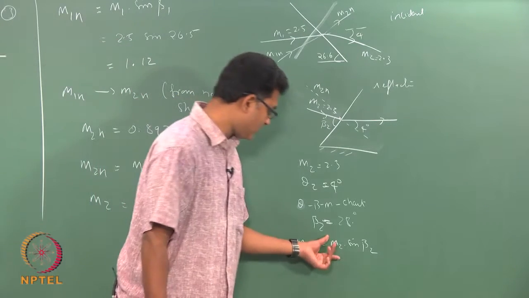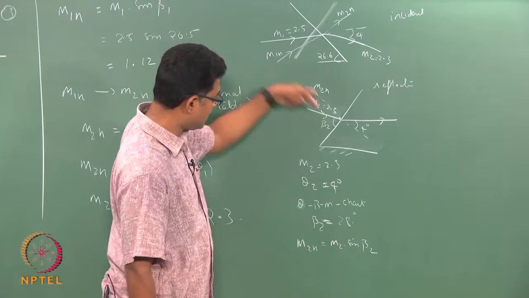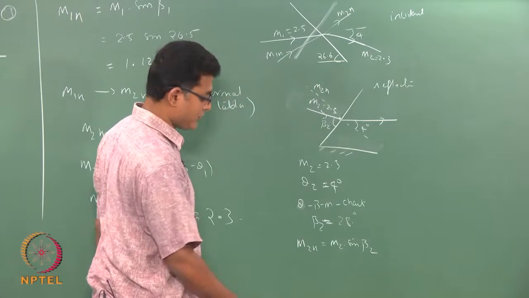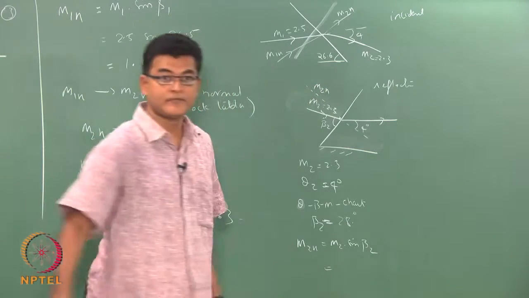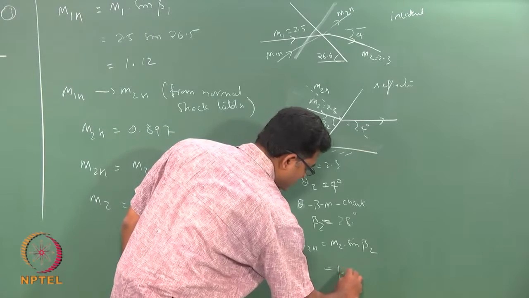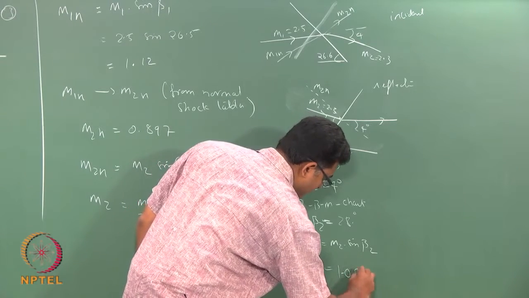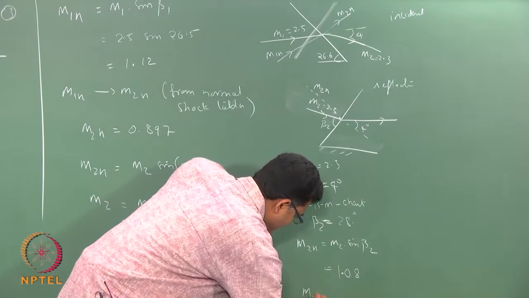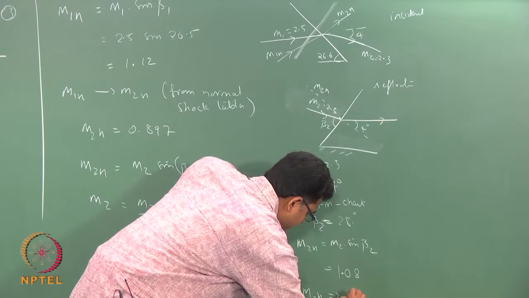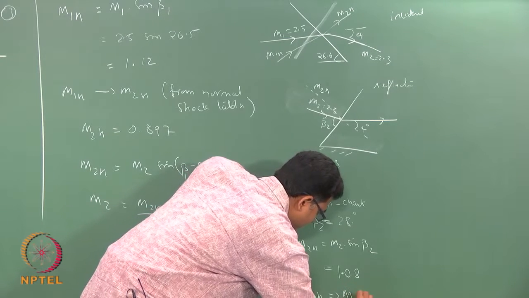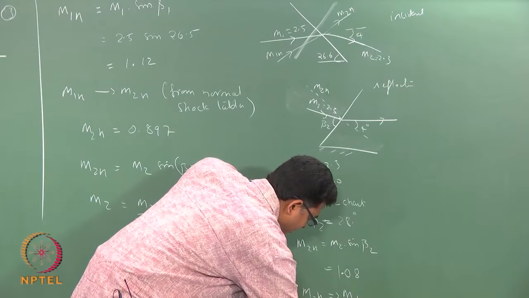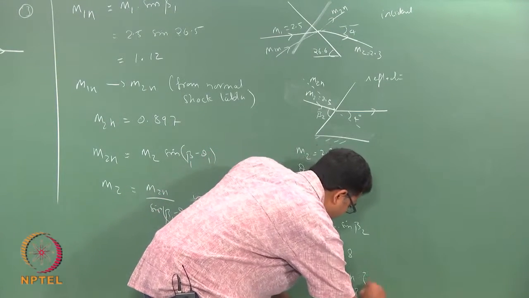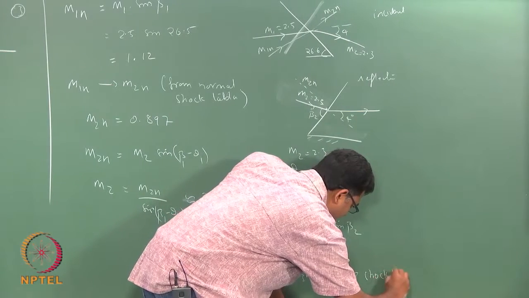So M2 into sin beta 2 would be your M2n, which is 1.08, which would give me an M3n of 0.928 from shock tables.